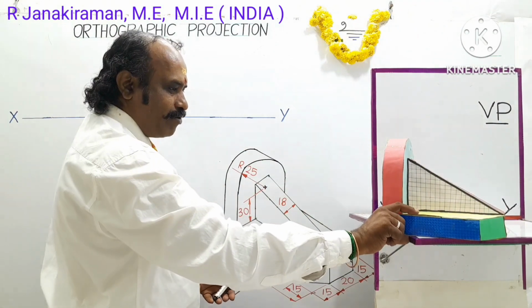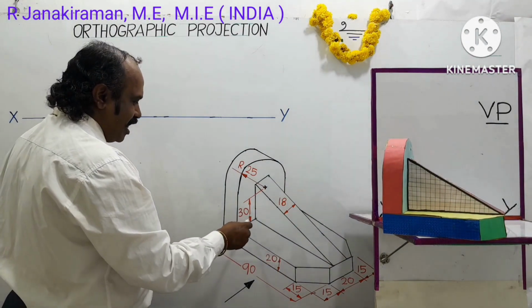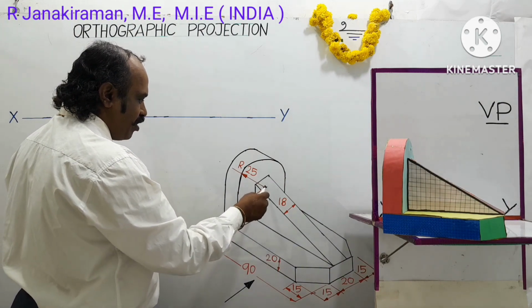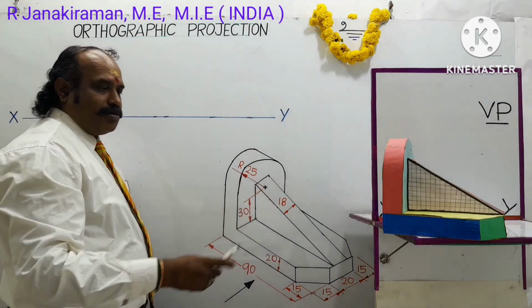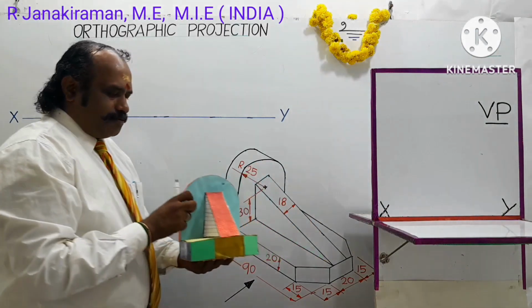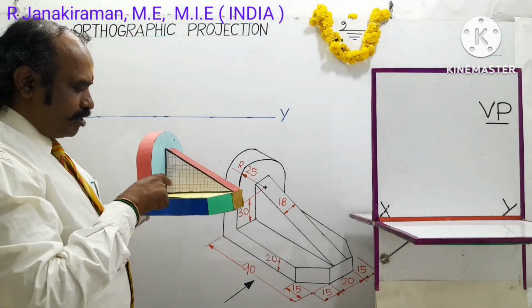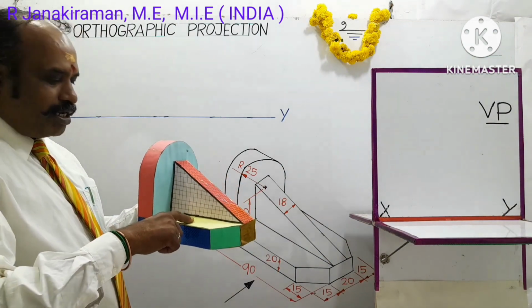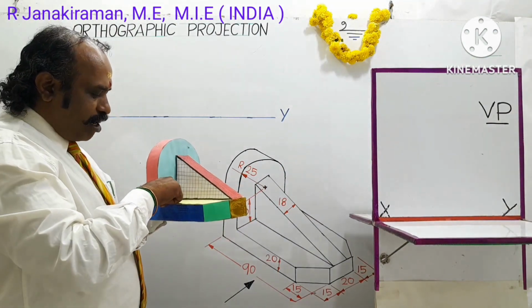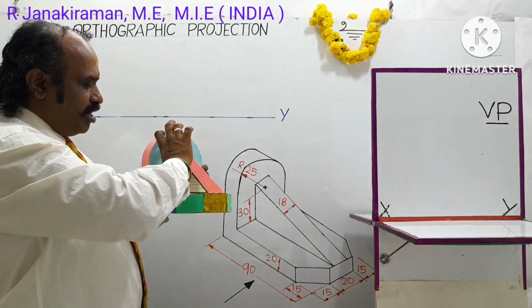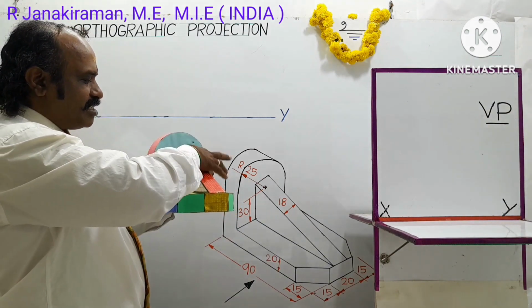Plus this height is 30 mm from the top surface of the base to the central point of the arc. From the top surface of the base, at 30 mm height, the center point of the arc lies.